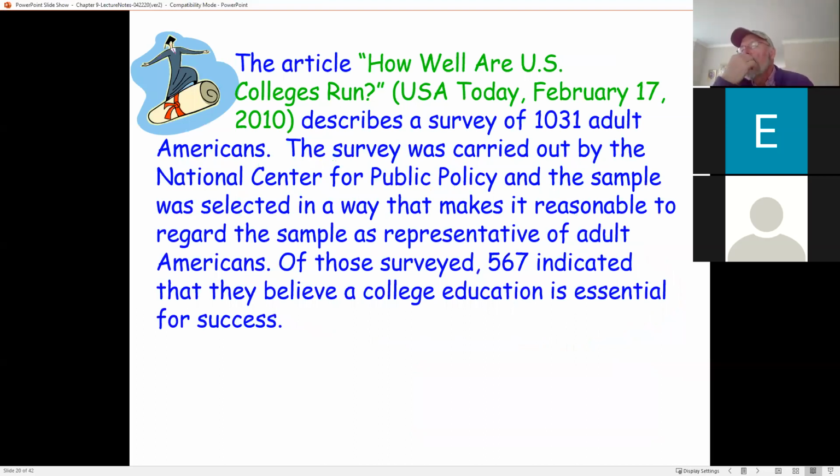Okay, so let's run through this example. We have a situation where 1,031 adult Americans were surveyed about the utility of getting a college education. 567 indicated that a college education is essential for success.